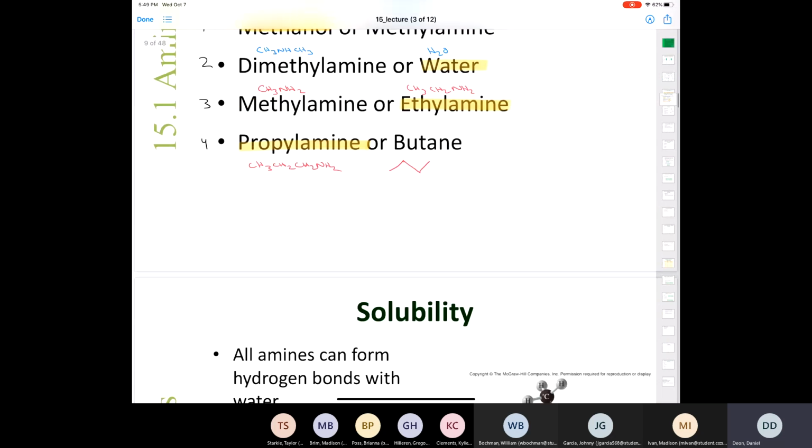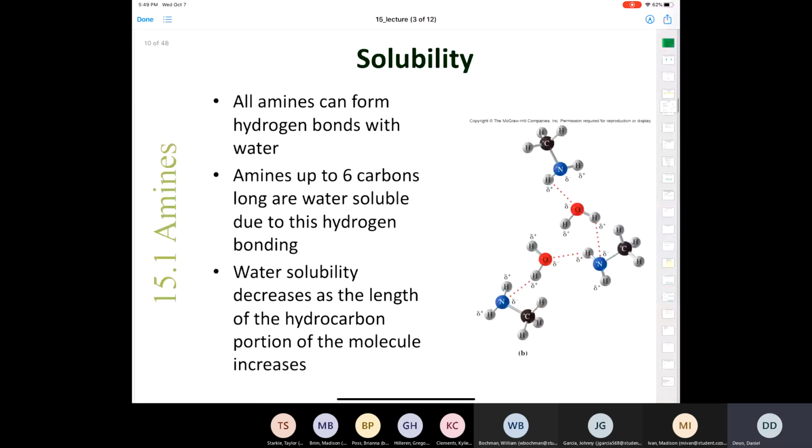Let's talk a little more about physical properties and discuss solubility of amines. Not only can a primary or a secondary amine form hydrogen bonds with molecules that are identical to itself, they can also form hydrogen bonds with water, and that's what's shown over here. You can see all the delta pluses and the delta minuses on the amine.